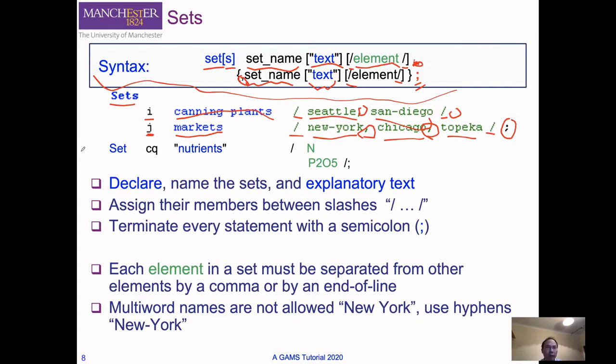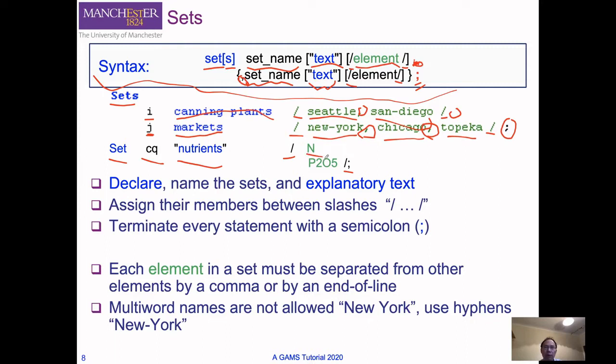In the second example, it also starts with the keyword set and then the name of the set CQ. After that is text used to describe the meaning of this set, and two slashes. Between these two slashes, two elements are input.